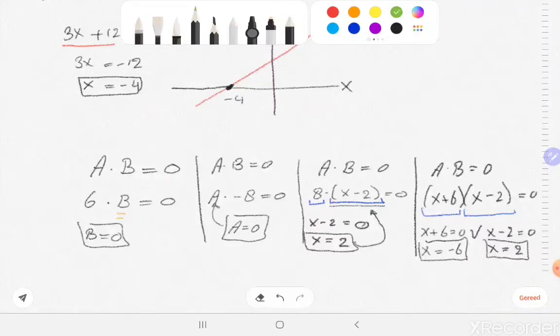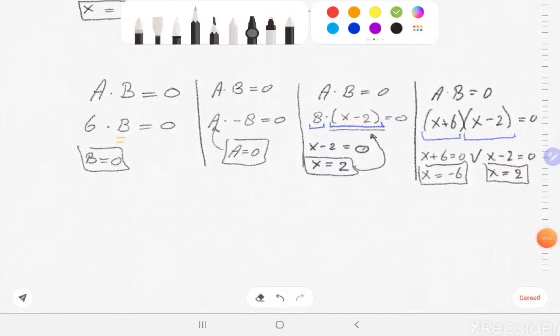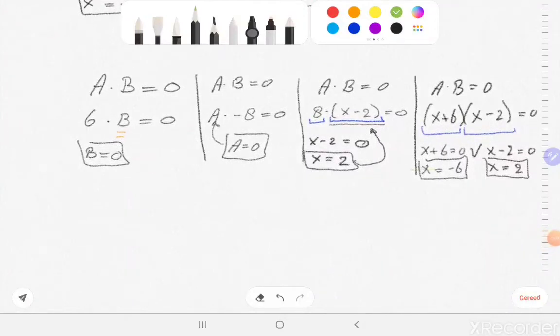Now let me try both answers. Let me fill in the x over there. You get minus 6 plus 6 inside the brackets, times minus 6 minus 2, is equal to, hopefully, 0. Minus 6 plus 6 is 0, times minus 8, and 0 times minus 8 is 0. So this one is correct.